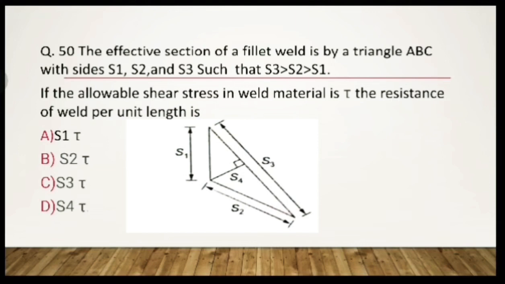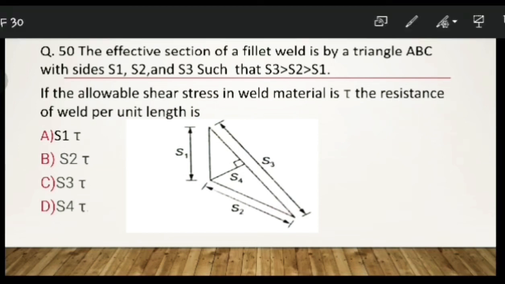If allowable stress in weld material is tau, the resistance of weld per unit length is: option 1, S1 tau, option 2, S2 tau, option 3, S3 tau, option 4, S4 tau. What is the allowable shear stress? Your option will be option 4, S4 tau, because S4 is your throat thickness.